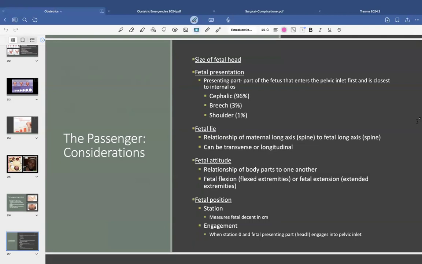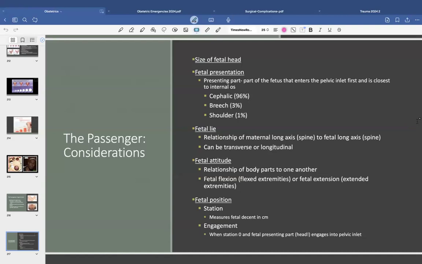A baby is at the ischial spine at 0. The baby's head is engaged at 0. 3+ is crowning. So remember your positives and your negative numbers for station. And we talked about engagement being related to that.